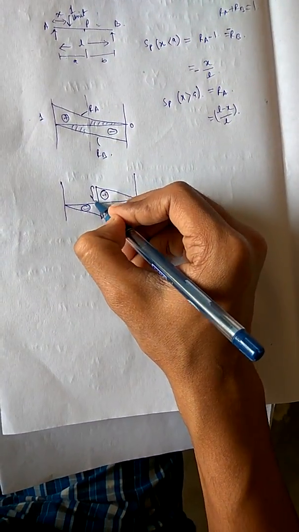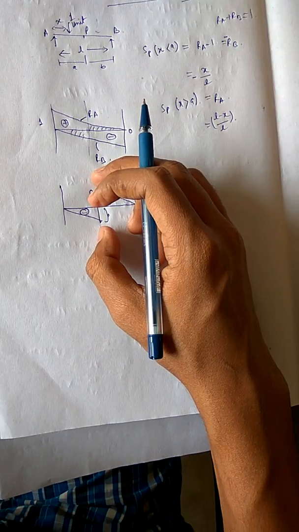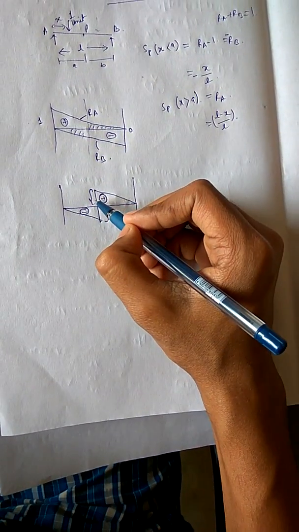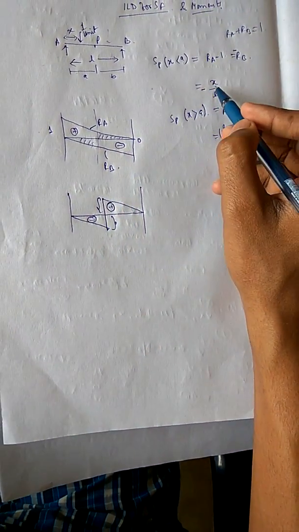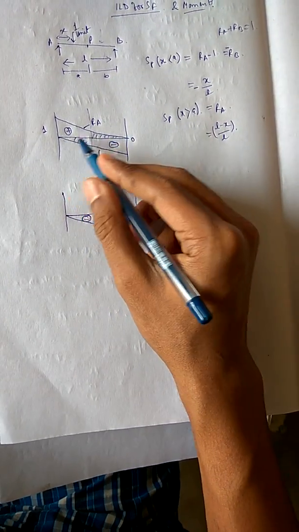Now what is the distance of these two? The overall distance is 1, and this point is at distance a.